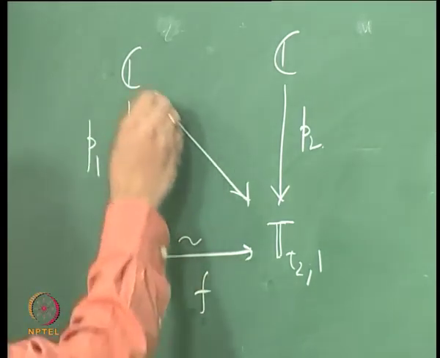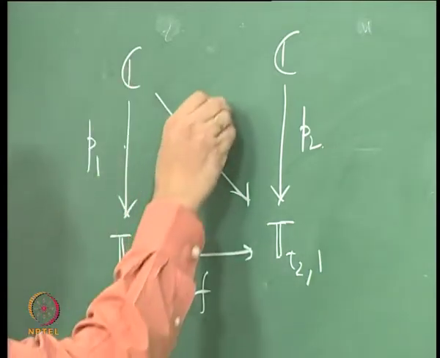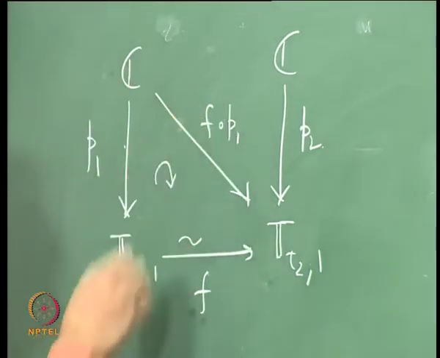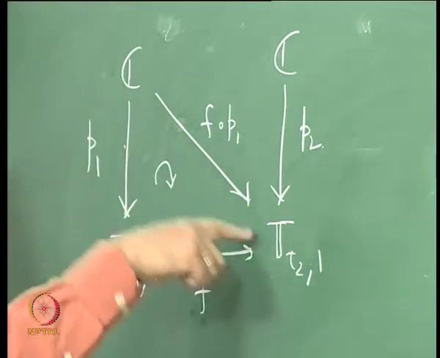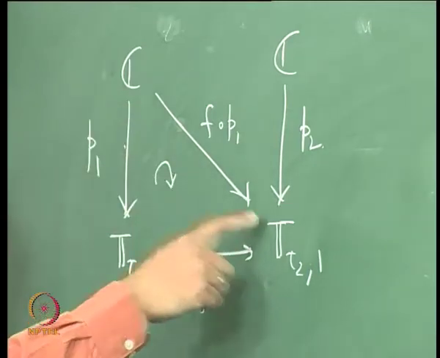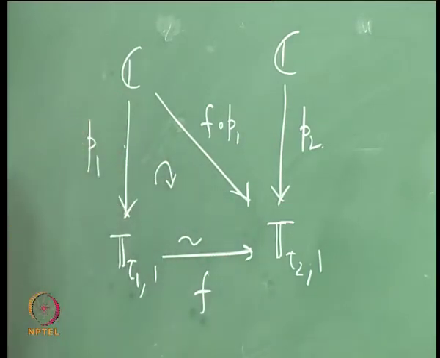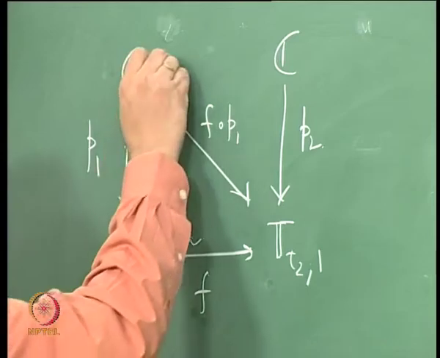So this is just P1 followed by F, and this is also a covering. And by the universal lifting property of coverings, this lifts to a map here.